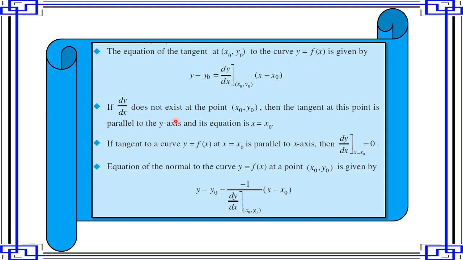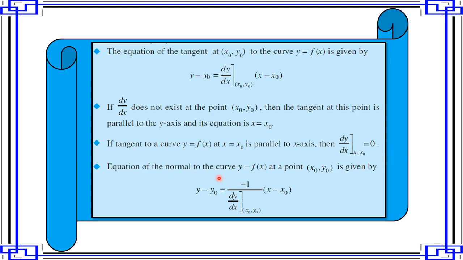If dy by dx does not exist at the point (x0, y0), then the tangent at this point is parallel to y-axis and the equation will be x equal to x0. If the tangent to a curve at x equal to x0 is parallel to x-axis, then definitely the derivative is equal to 0.